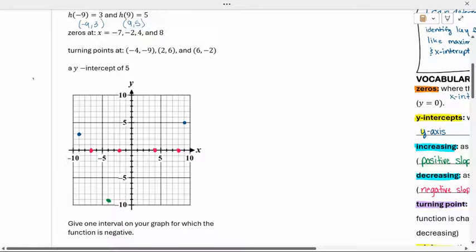I have another turning point at the ordered pair (2, 6). And then I have a turning point at the ordered pair (6, -2).